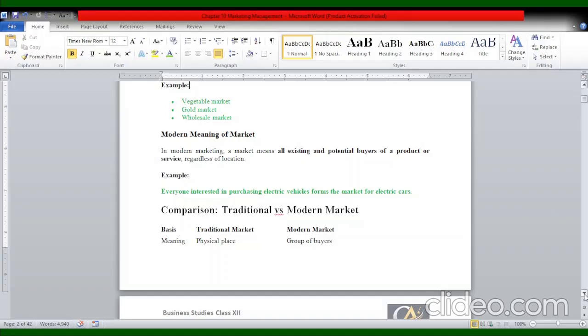Now you can take a test drive by visiting a particular showroom physically, or you can book a test drive online, but you have to visit them again physically so that you can get a ride or a test drive of the electric vehicle.